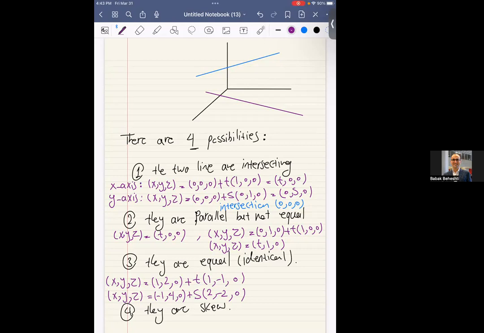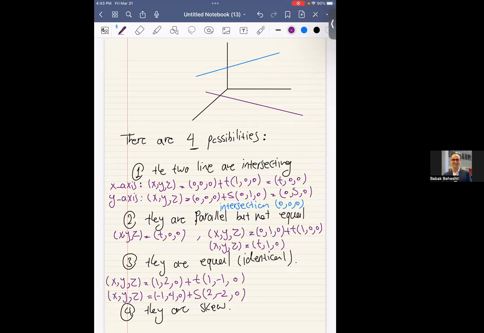So first of all, note that the direction vectors of the two lines are parallel. One direction vector is (1, -1, 0), the other is (2, -2, 0). So one of them is 2 times the other one.